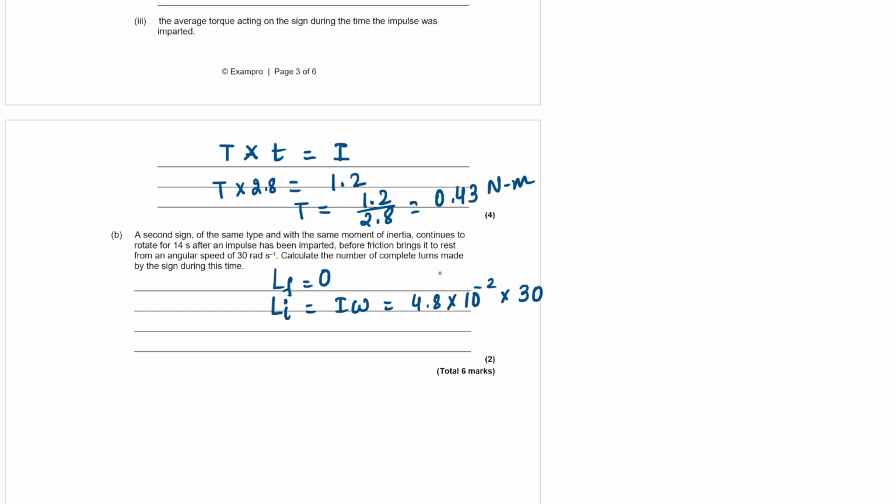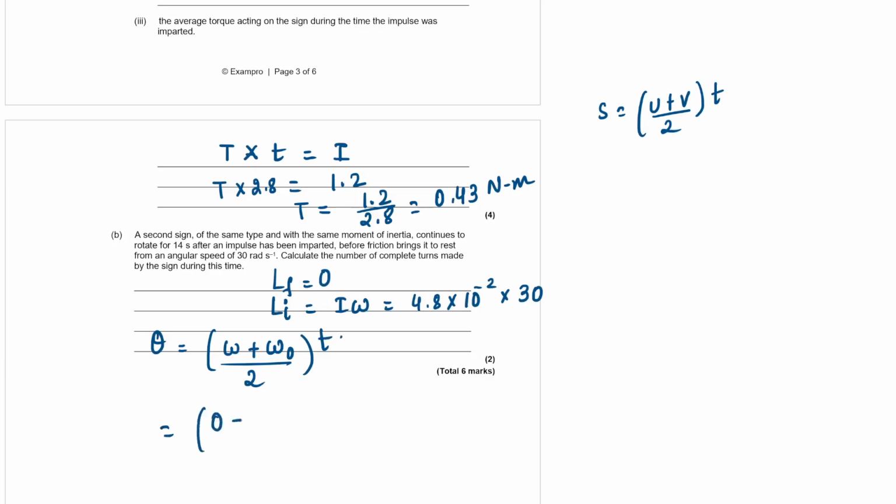Now calculate the number of turns made by the sign during this time. We don't need angular momentum, we just need angle, so we use this formula. Remember, s was average velocity times time, so you can use the same: final plus initial divided by 2 times t.